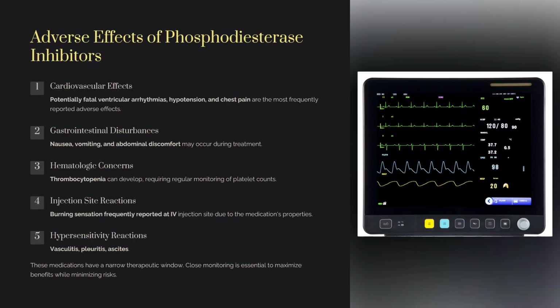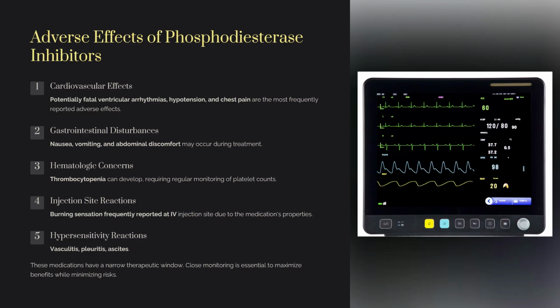Adverse effects of these are potentially fatal ventricular arrhythmias such as torsades, hypotension, and chest pain. So also angina, MIs, contraindicated. Can have nausea, vomiting, abdominal discomfort, thrombocytopenia. So we need to make sure we're monitoring platelet counts.